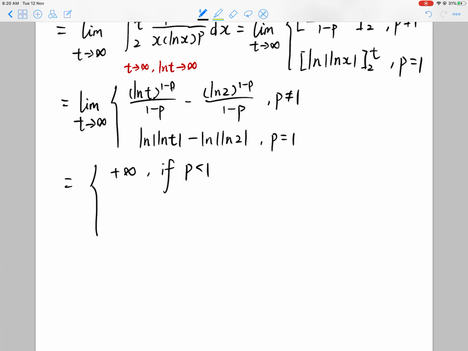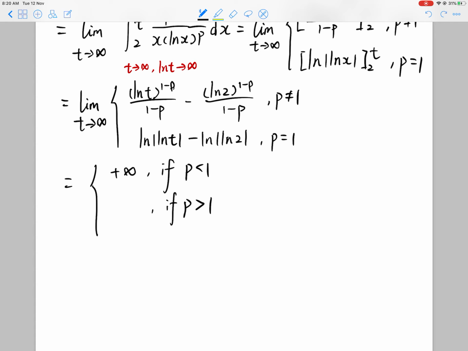And when p is greater than 1, this power is negative, right? So this to the power of negative something is approaching 0, approaching 0 over a constant.